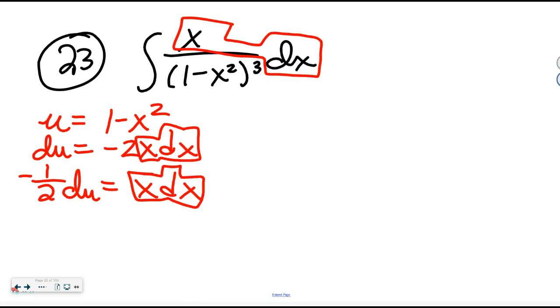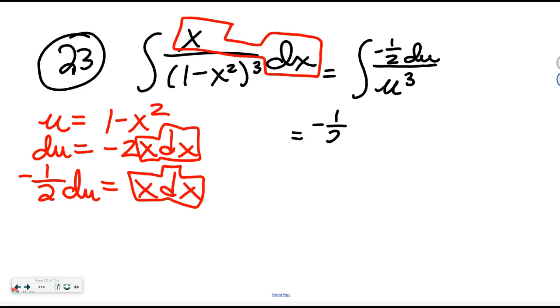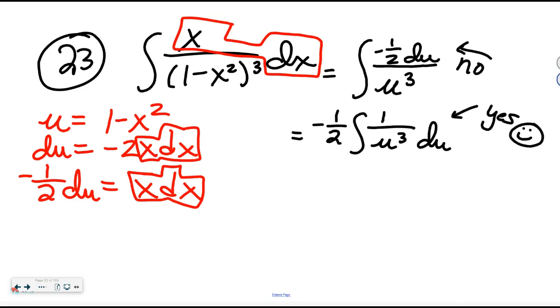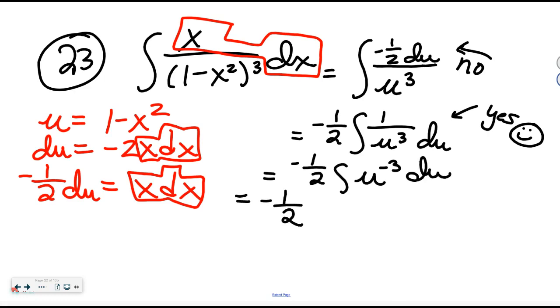I'm just trying to visually show you what I'm doing. I'm running out of space. And again, if you're watching the notes, you should be doing this exact same thing.